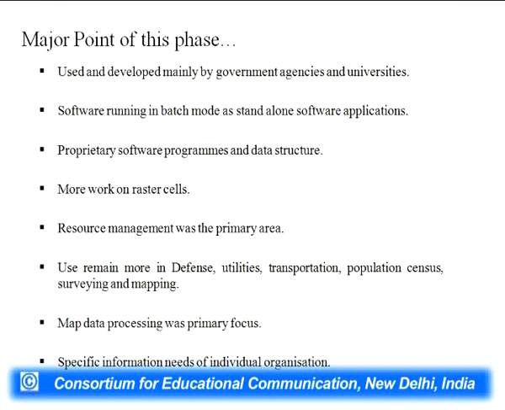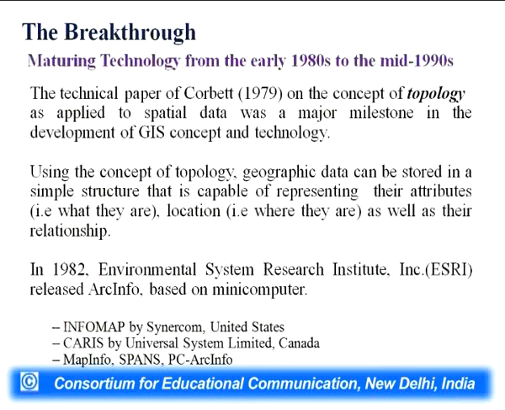There were specific information needs of individual organizations. Whatever software and GIS technology was developed at that time was only in the domain of individual organizations. This situation remained prevalent in the first phase, which is known as the pioneer phase. Now, there is the breakthrough or maturing technology from the early 1980s to the mid 1990s.